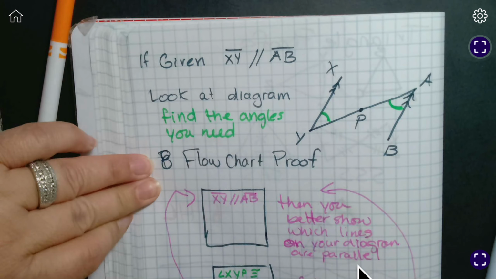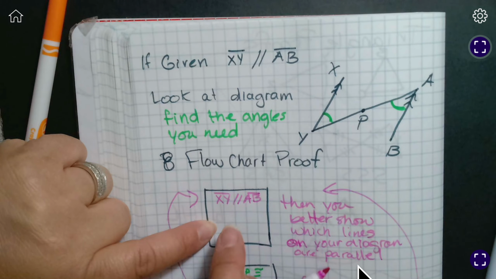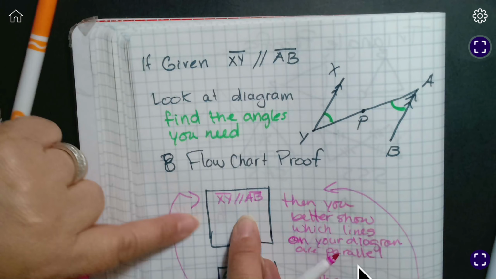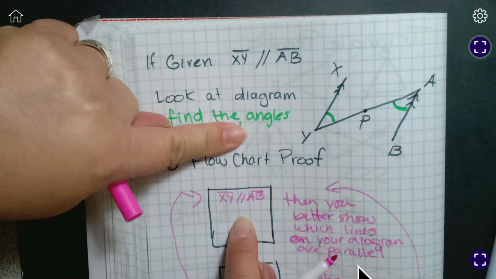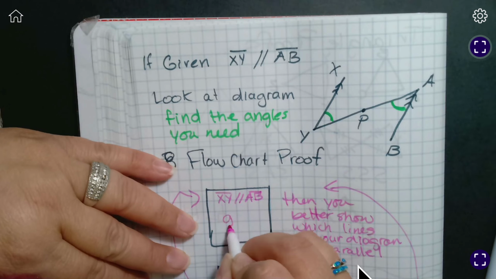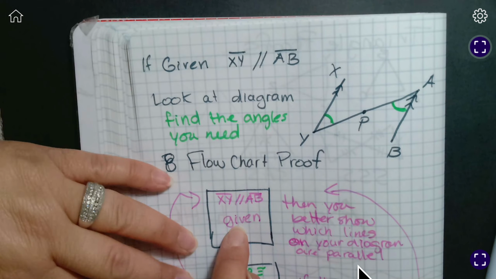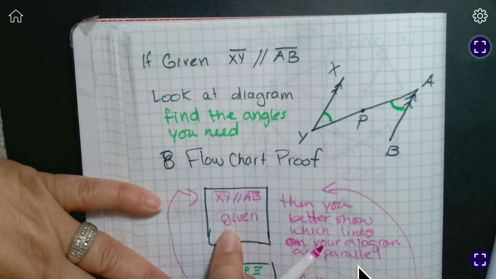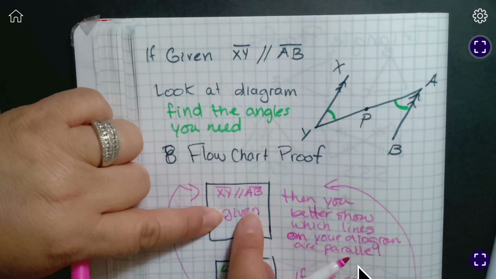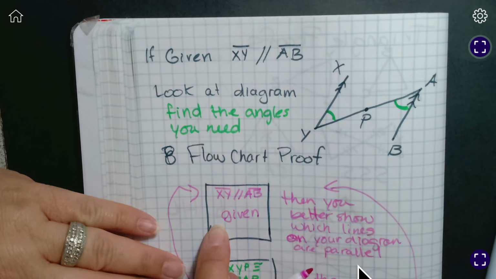And then, whatever reason here, this reason better have a reason up above it unless it's given. If it's given, if it's vertical angles, or if it's reflexive, you don't have to have the reason above. That is enough. Okay?